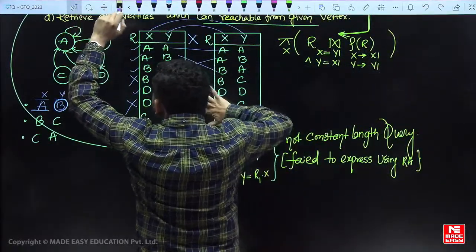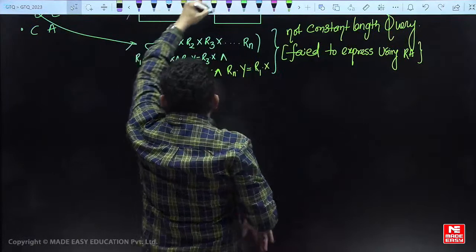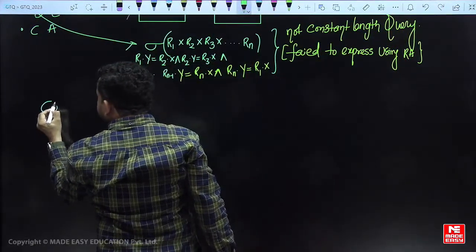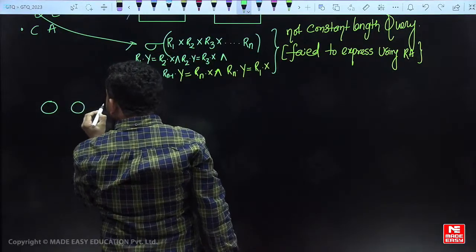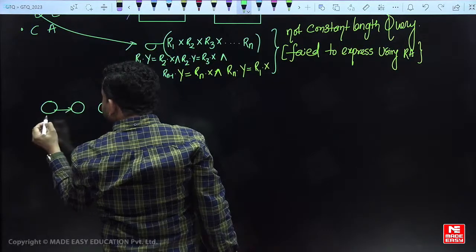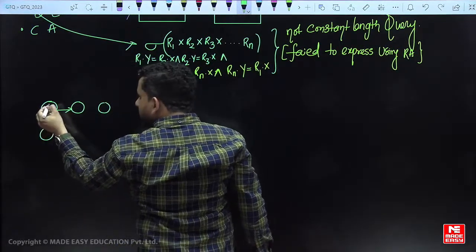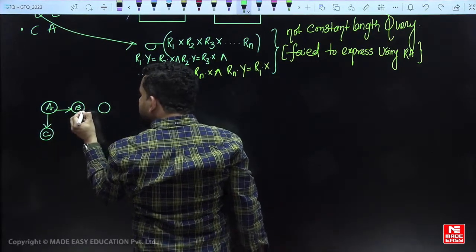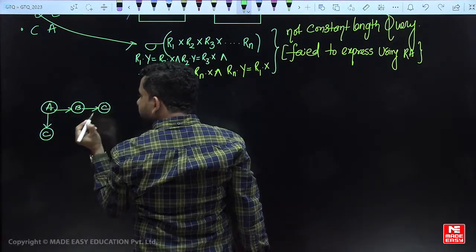And D, retrieve all the vertices which are reachable. Reachability also has a problem with relational algebra because we don't know the length of reachability. It may be a direct adjacent of the given vertex, or it may be a two vertex length.